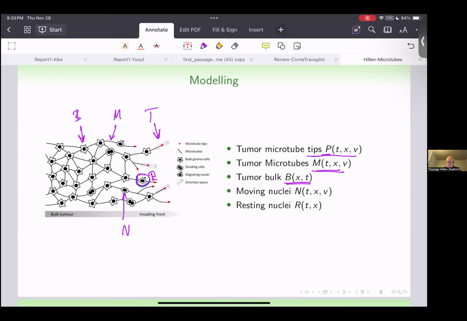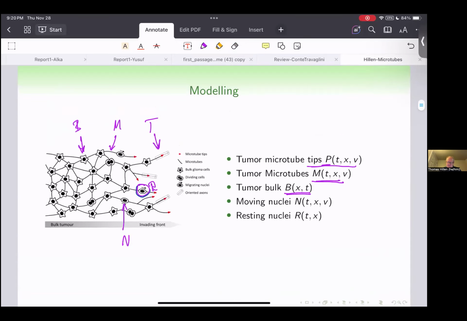All right, so now look at these terms. Before I show you equations, just look at these terms here. Because 3 of them depend on a velocity v, right? Here's a v, and here's a v, and here's a v, whereas the other 2 do not have a velocity. So v is a direction, and the tips, they move in a direction. So we need to use the direction as a parameter inside this density.